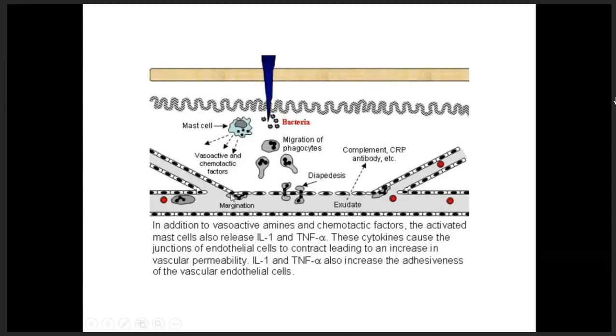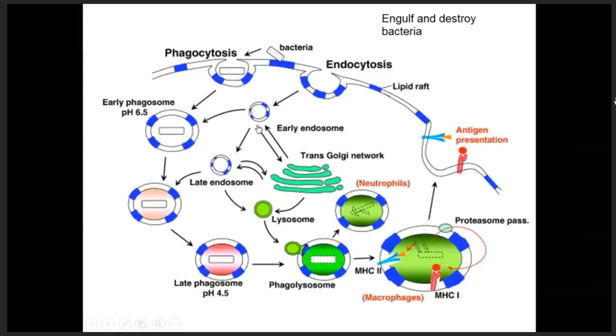The neutrophil has undergone rolling, margination, diapedesis, and then it reaches the opsonized bacteria. Once it reaches the opsonized bacteria, it combines with the bacteria through its CR1 receptor by binding to C3b or C4b. And once it's bound, it takes it into the cell and forms an early phagosome.